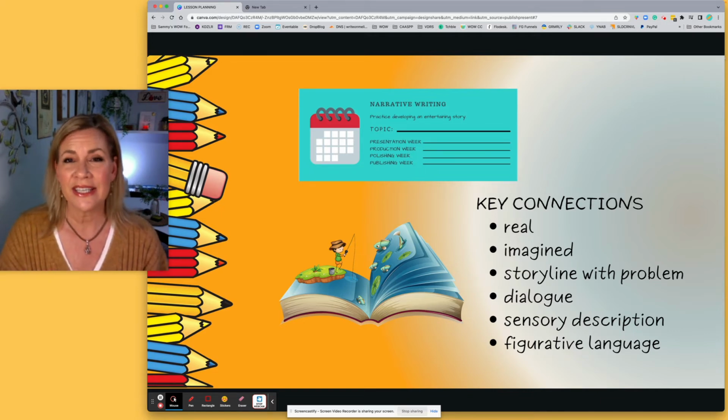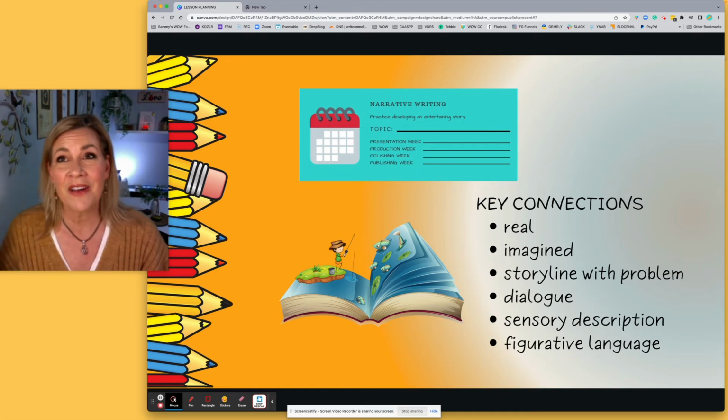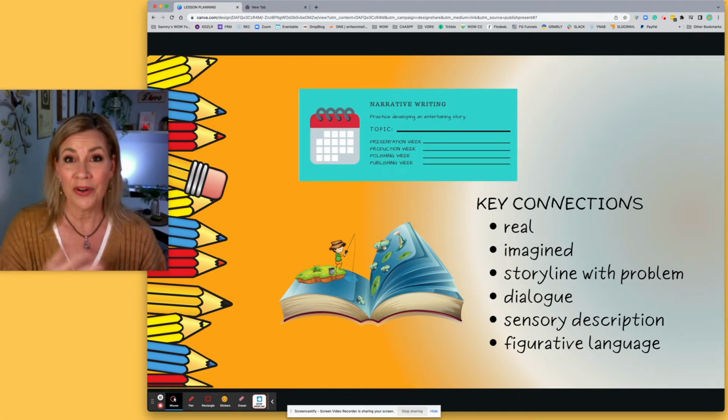And these are your key concepts and connections that I would want you to be sure to cover when you spend a month or 3 weeks or 5 weeks. Remember, I do a month per each one. It works beautifully within a semester. It gives us a few little breaks if we have to take a week off here or there with our schedules.